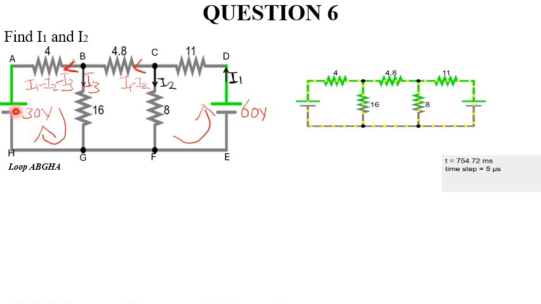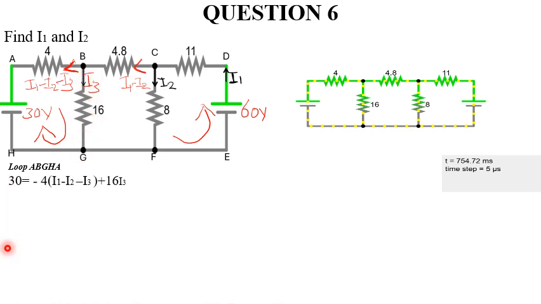So we have 30 as our voltage source, moving from a lower potential to a higher potential. So 30 is equal to minus 4 times the whole of I1 minus I2 minus I3, then plus 16 I3.